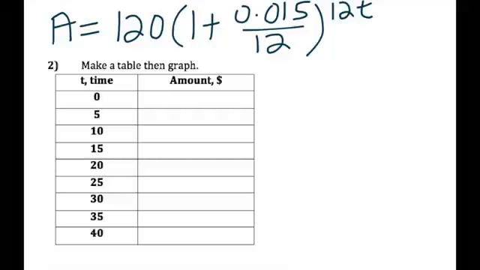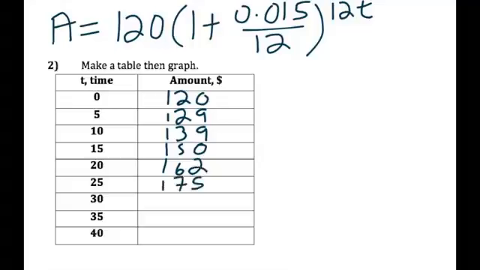Okay, now we're going to make a table, and the first number is 120, 5 is 129, 10 is 139, 15 is 150, 20 is 162, and 25 is 175, 30 is 188, and 35 is 203, and 40 is 219.